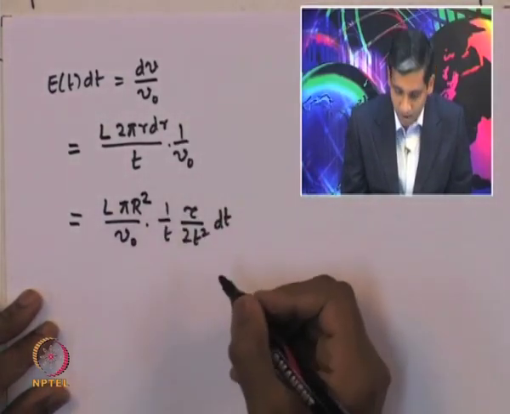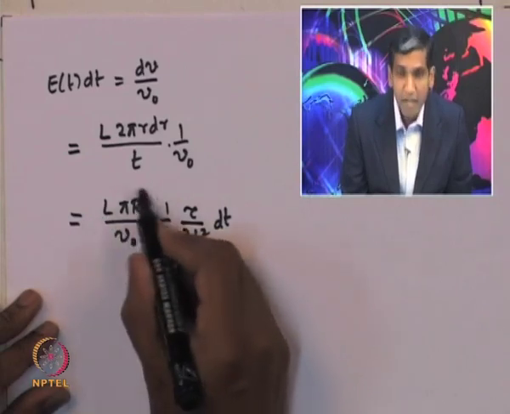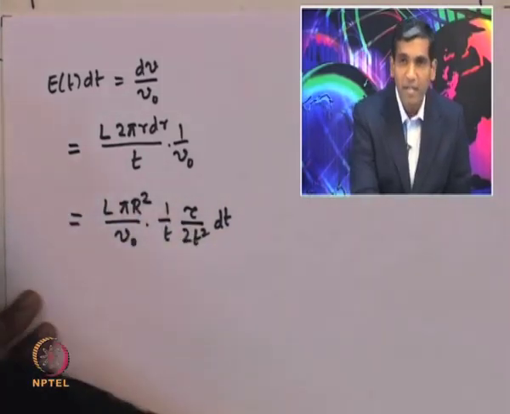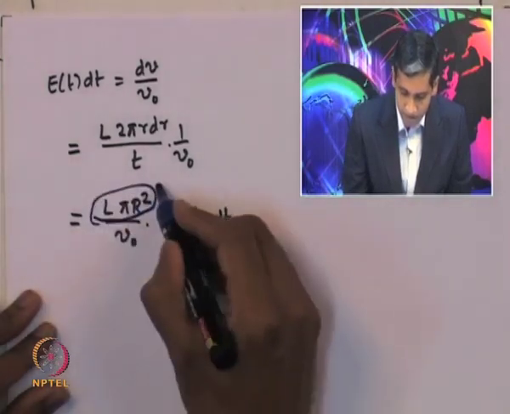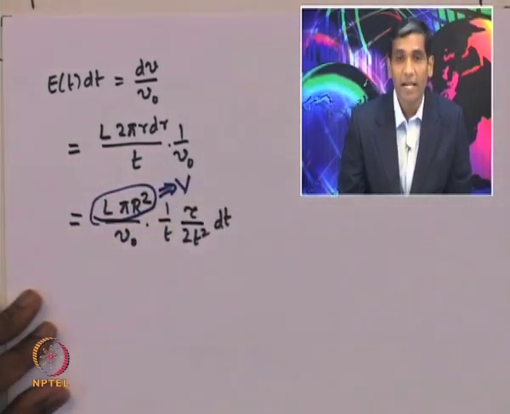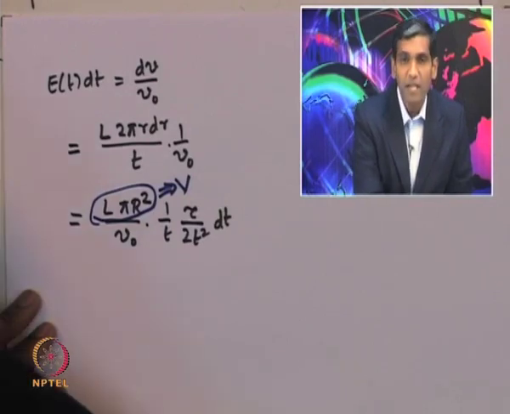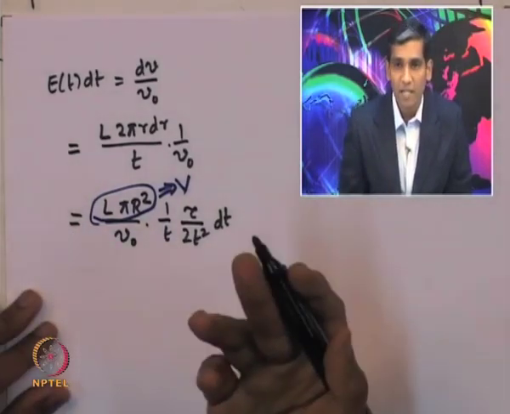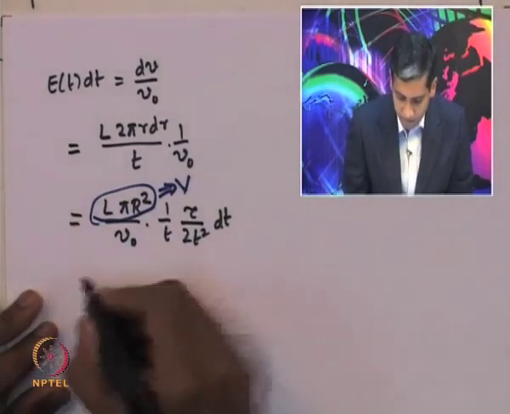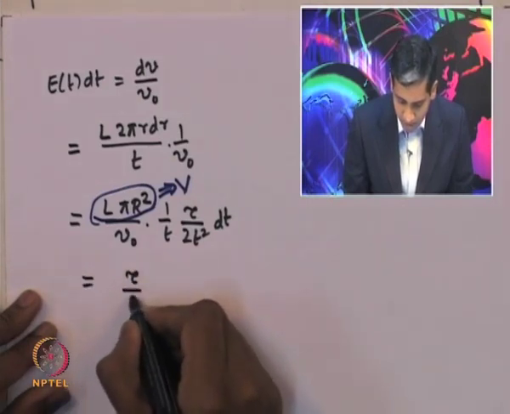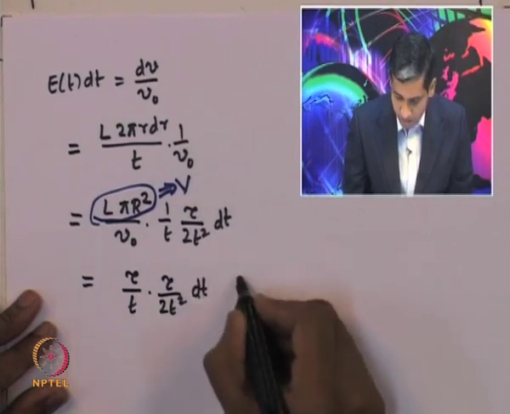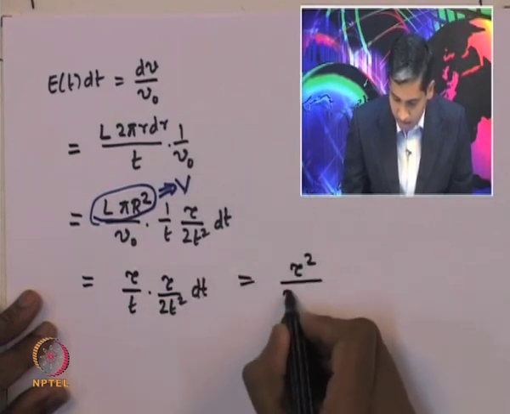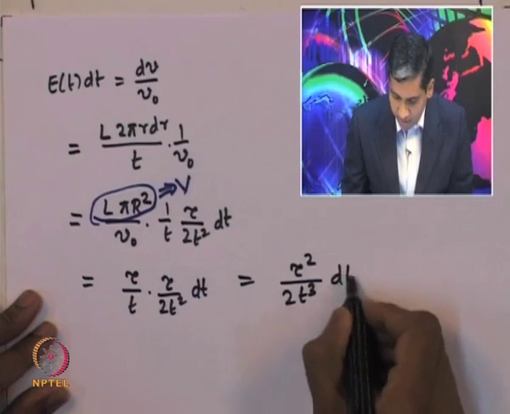Now, L into pi r square is nothing but the volume of the reactor, and so V by V naught is the space time of the reactor. So, that is equal to tau by t into tau by 2 t square into dt, which is tau square by 2 t cube into dt.